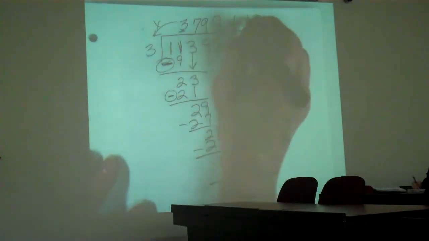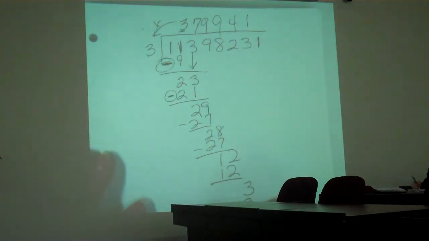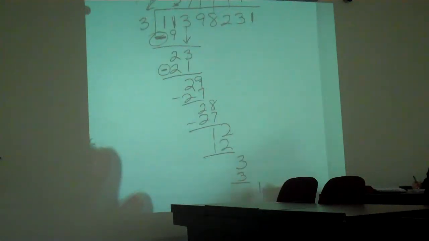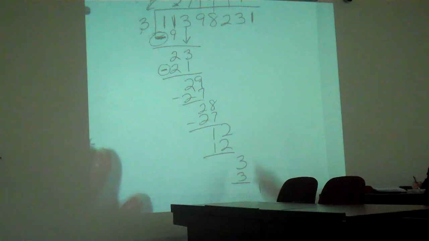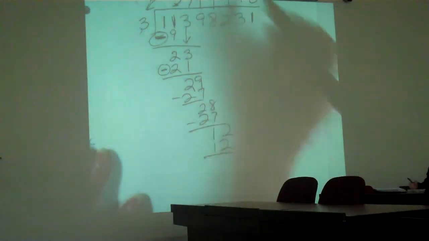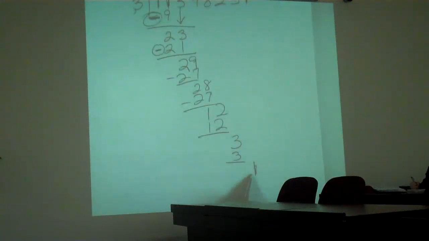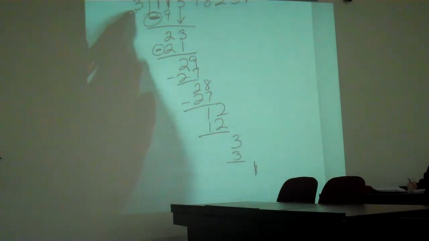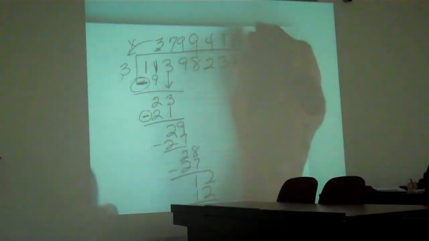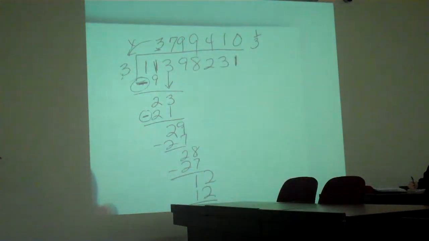Bring the 1 down. 3 won't go into 1. So put a 0 there, right? What did we do with the remainder when we did long division? We put the remainder over this, didn't we? So we had 1/3 at the end.